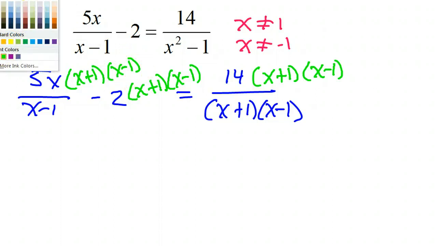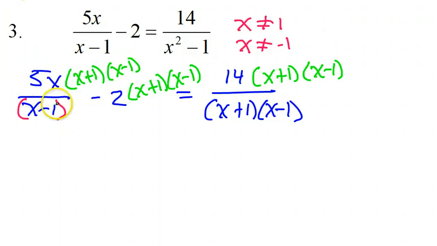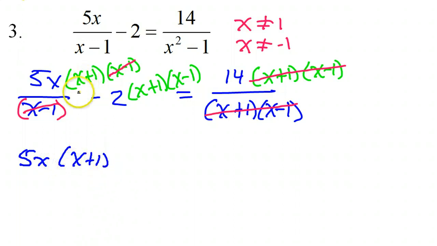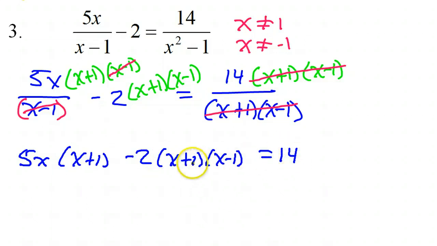Okay, and what's going to happen is the x minus 1 will cancel out this x minus 1. Nothing cancels out here. Now over here, the x plus 1 and the x minus 1 both cancel out. So far that gives us 5x times x plus 1. And then here I have negative 2 times x plus 1, x minus 1. And that's going to be equal to 14.